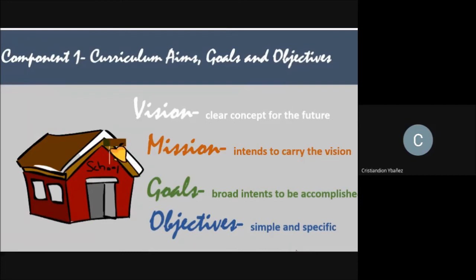In other words, objectives direct the change in behavior, which is the ultimate aim of learning. They provide a basis for the selection of learning content and the learning experiences. And also, they set the criteria against which learning outcomes will be evaluated.